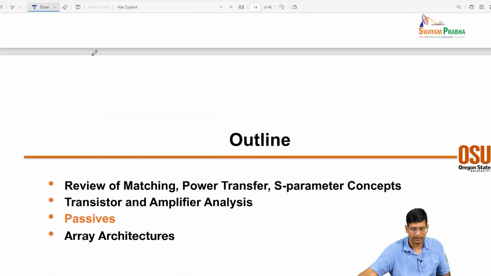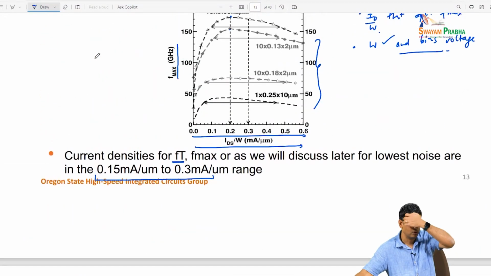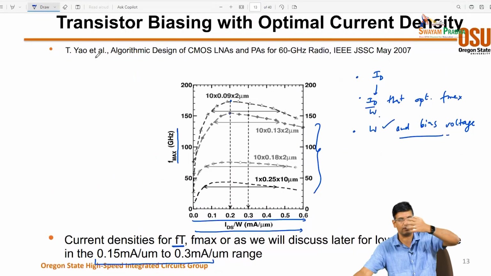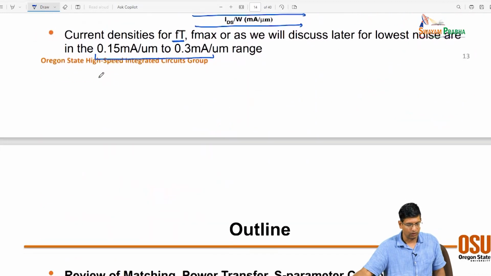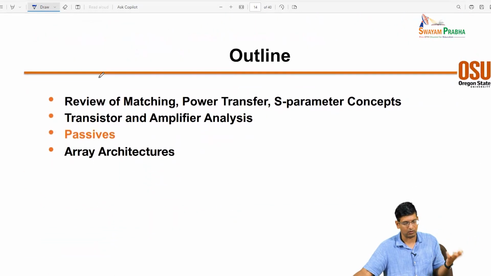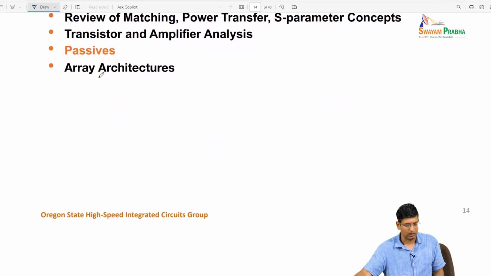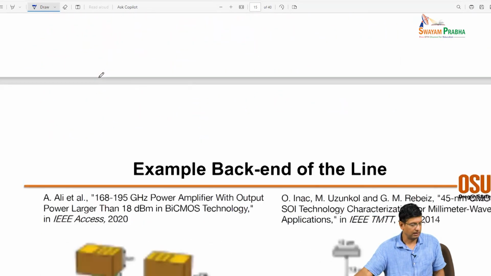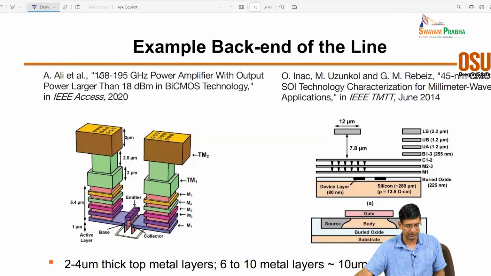So at this point, we know how to lay out a transistor, we know how to bias a transistor in order to get optimal performance. Now we have to figure out the conjugate matching networks, or passives, that we have. We design these passives in the back end of the line.